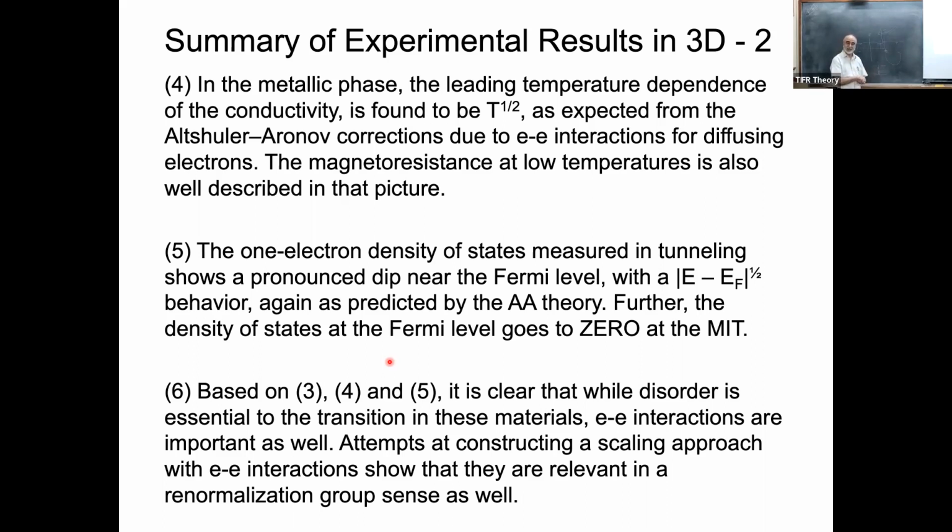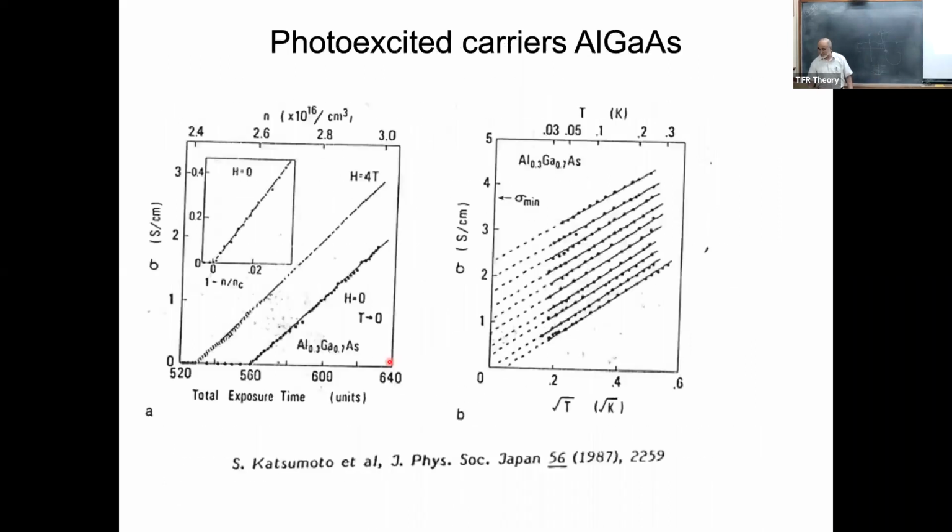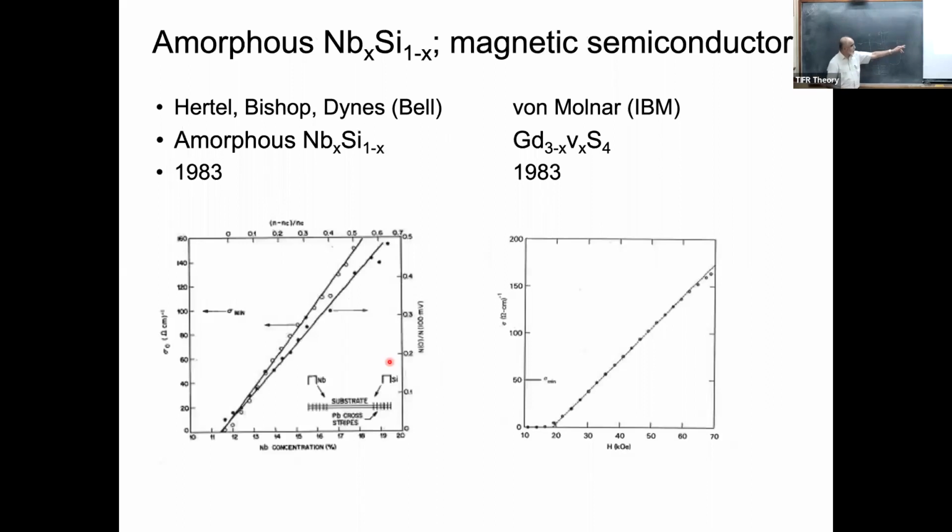The data are not as clear there, but the other thing that I mentioned, which is very clear from the data of Hertel, Bishop, and Dynes, is that the density of states also goes to 0 at the same place where the conductivity goes to 0. So it looks like the density of states at the Fermi level goes to 0 at the metal-insulator transition.